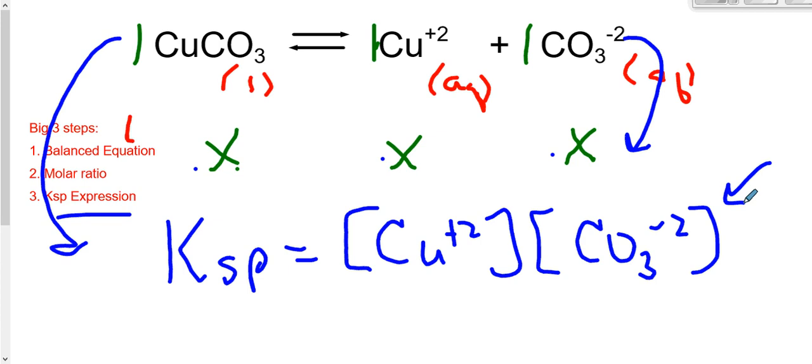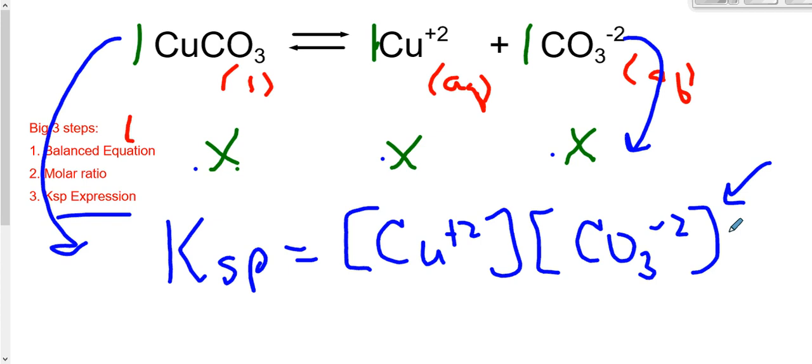This expression right here is usually worth a mark on my tests. It's your way of showing that you understand which species are included and which species are not included in your equilibria expression. We have square brackets that are shorthand for the concentration of, and we have the ions involved, so I know which ones they are.